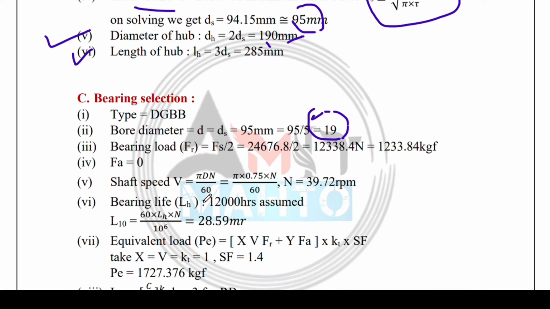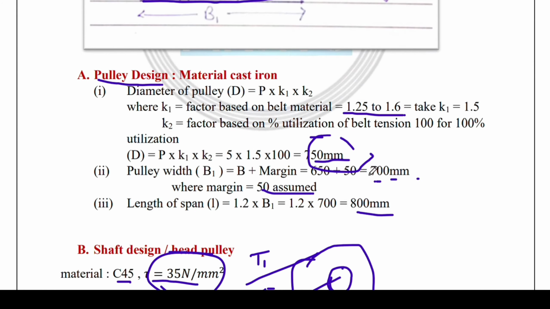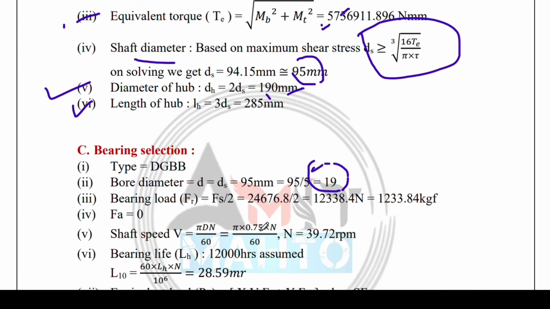Shaft speed. To find the shaft speed, the formula is V is equal to pi D N upon 60. Capital D is from where you found the pulley design. The capital D is 750 mm. You have to keep this in meters, which will be 0.75, and N is the unknown.